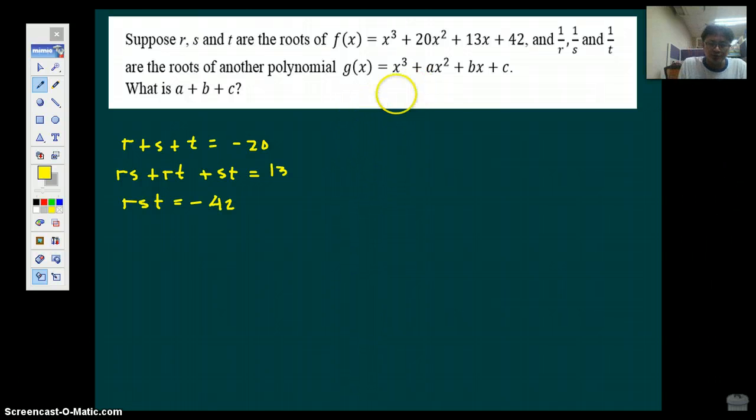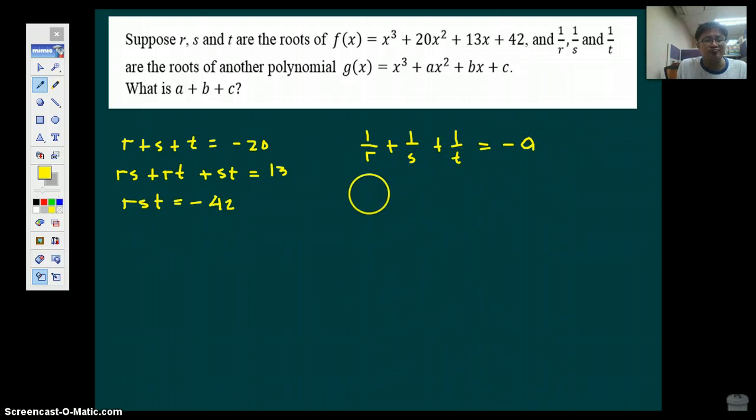Of course, if 1 over r, 1 over s, and 1 over t are the roots of g of x, using Vieta, 1 over r plus 1 over s plus 1 over t is the negative of the coefficient of x squared over the coefficient of x cubed, so that's negative a, right?